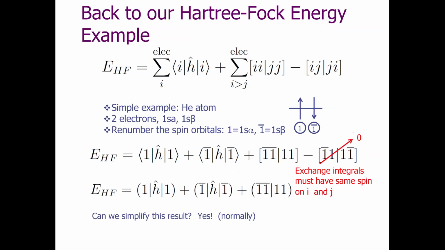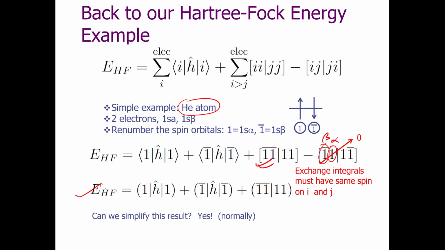Right. Now back to your Hartree-Fock energy for the helium. We had this term, this 1 and 1 bar, that is alpha and beta. As these are opposite spins, this goes to 0, and only your Coulomb integral survives.